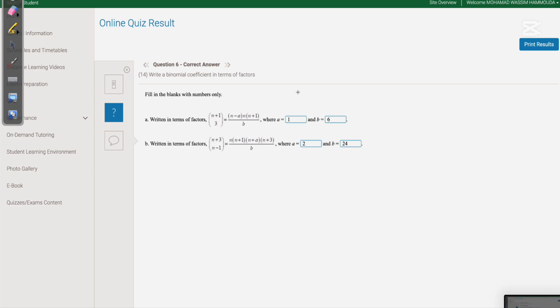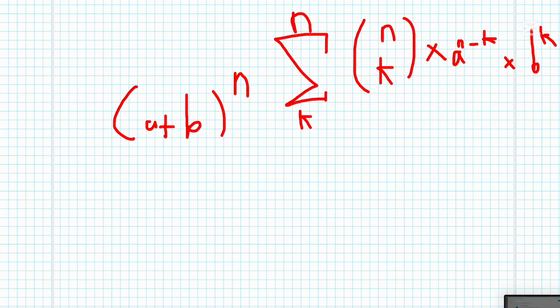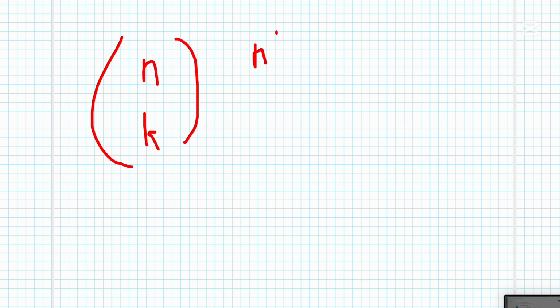Okay, so as we said, the rule would be n C k equals factorial of n over factorial of k times the factorial of n minus k.